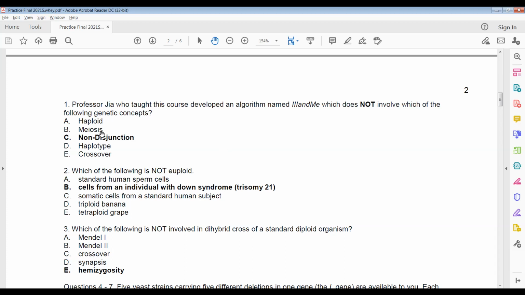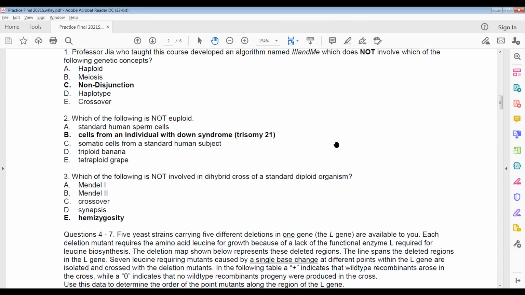So this project is relevant to the meiosis and the crossover. Only this one, C, non-disjunction, is a non-standard event in meiosis, which is not the focus of this algorithm. That's why we need to select C. This is just an example of general knowledge about science.